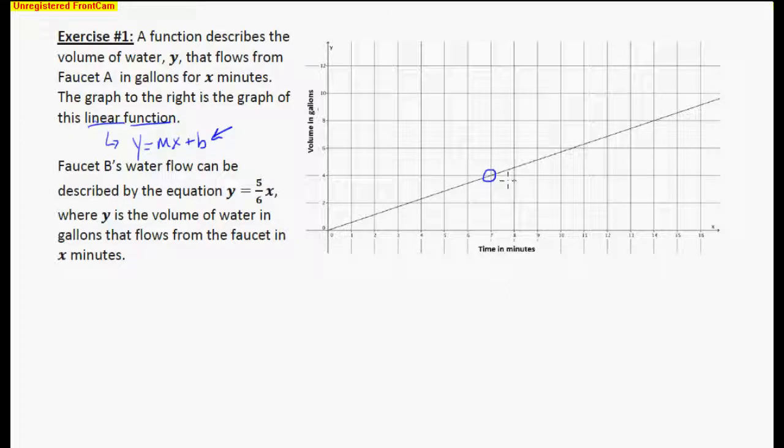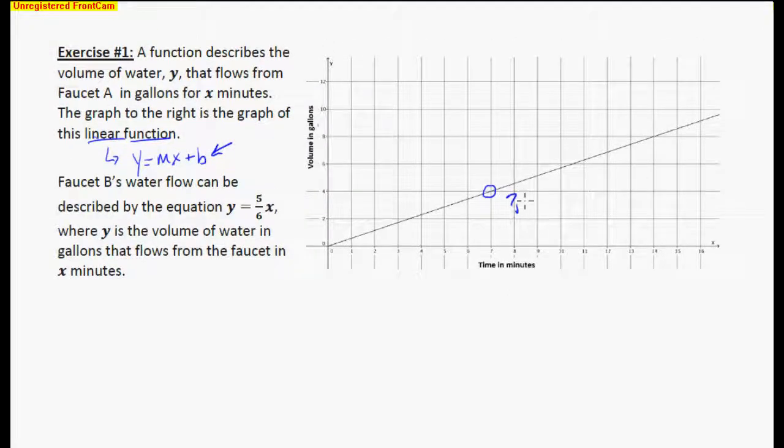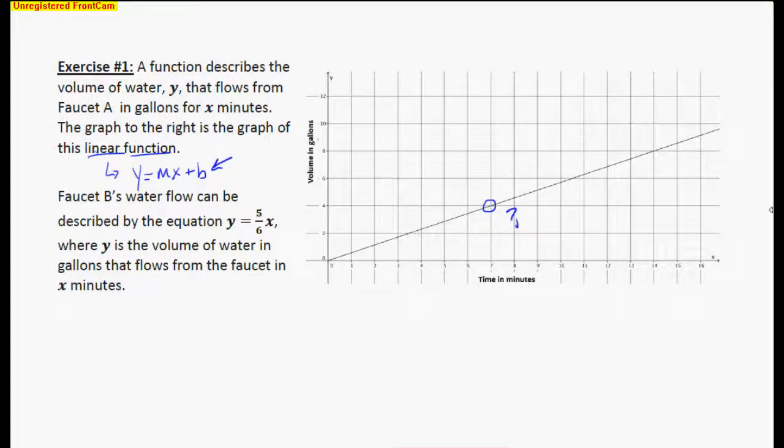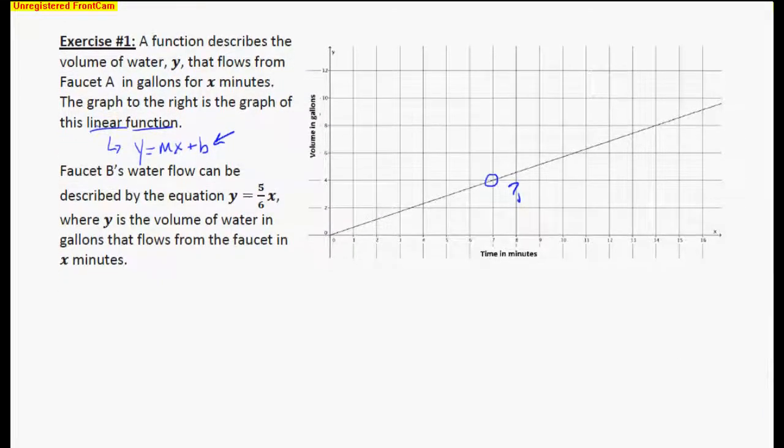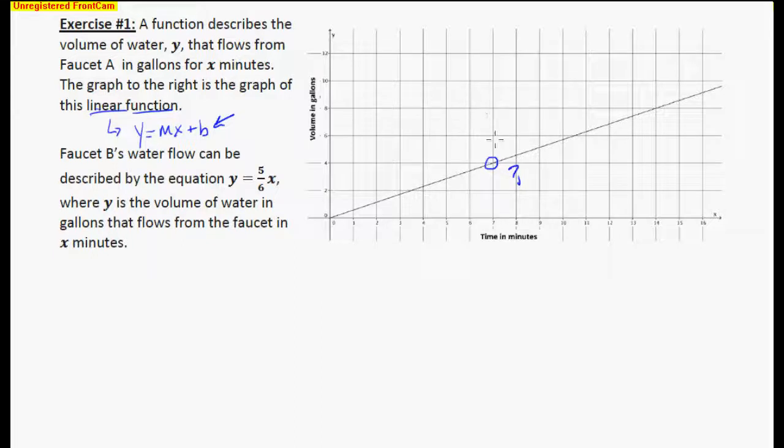So that is the point (7, 4). Oops, we gotta move that up a little bit. There we go. So this is the point (7, 4). And let's use this point right here.